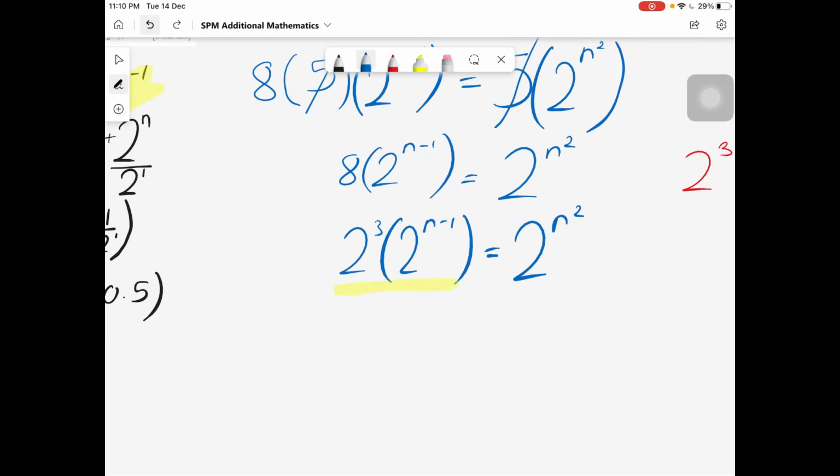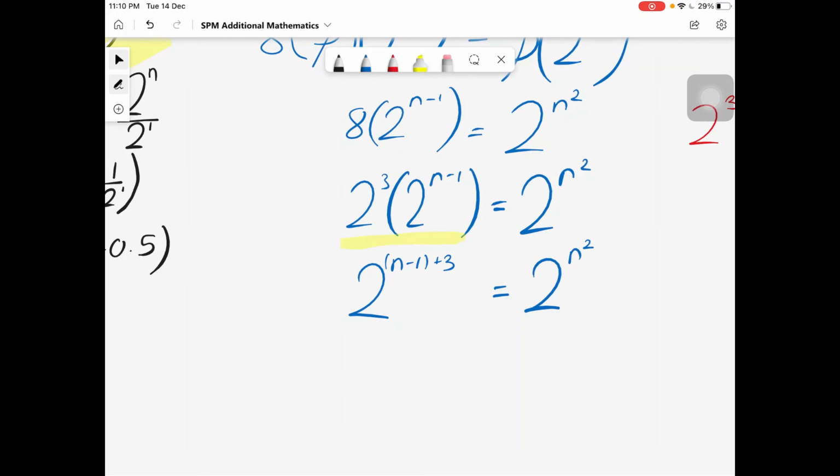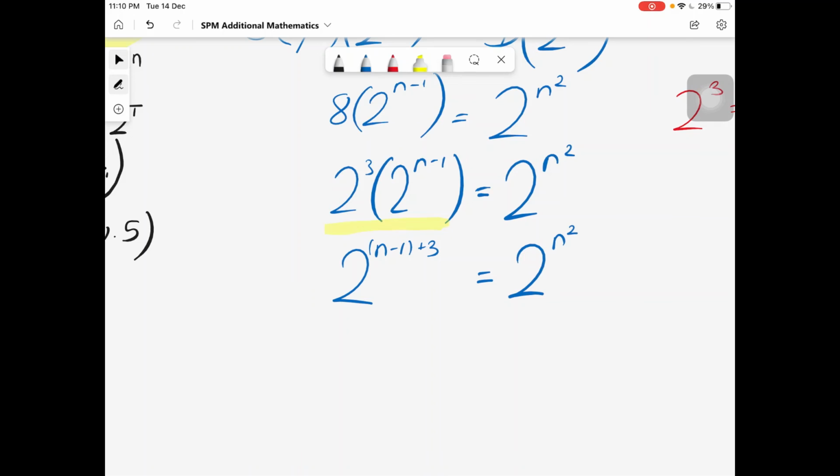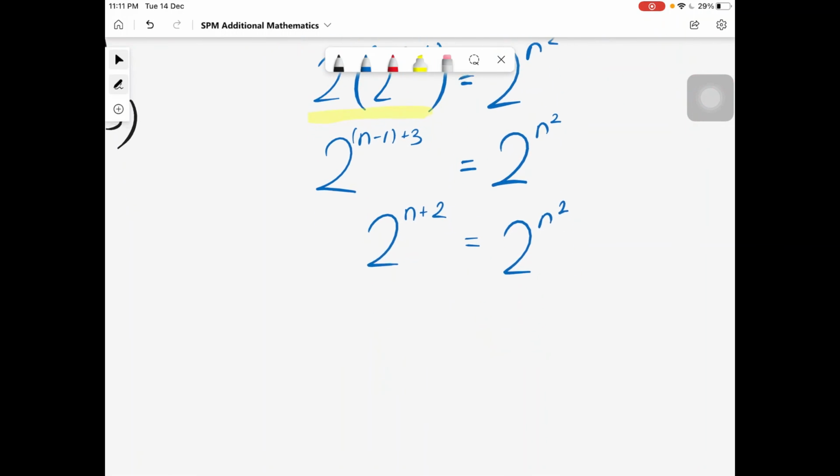I have to add these powers together. Can my next equation be 2 power n minus 1 plus 3? Yes, it can. n minus 1 plus 3. This is the same identity that we have practiced. So it's n, then negative 1 plus 3, you have positive 2, equals 2 power n squared.